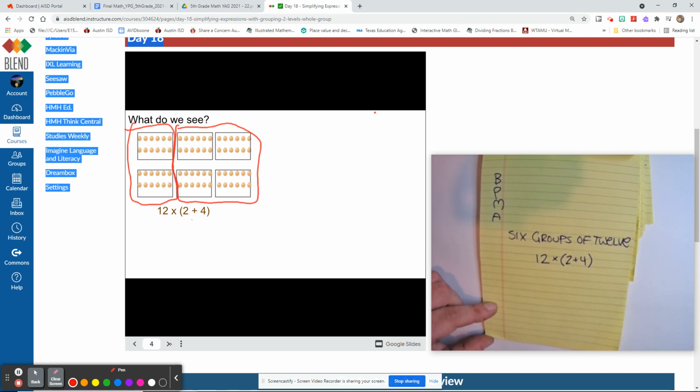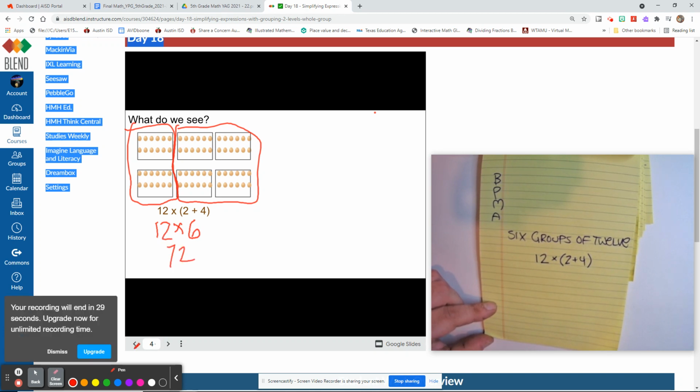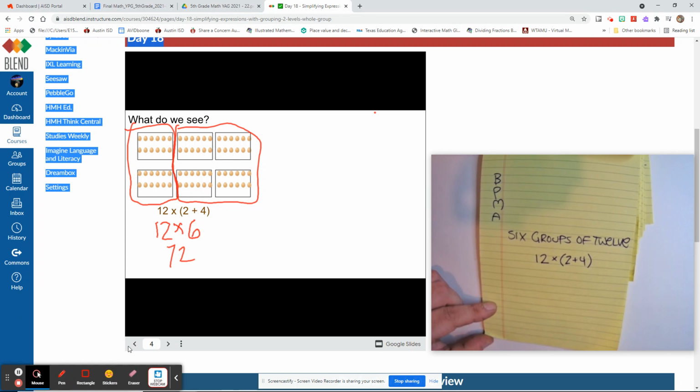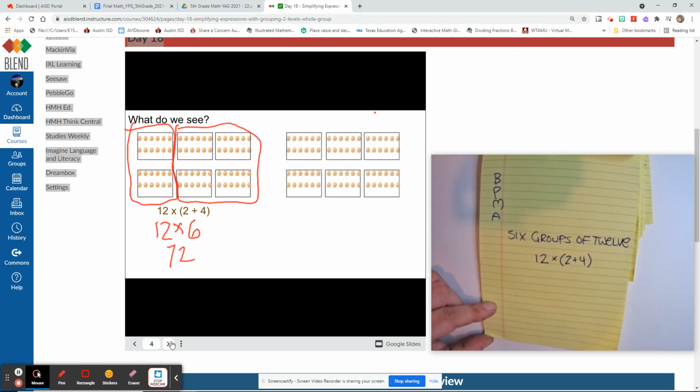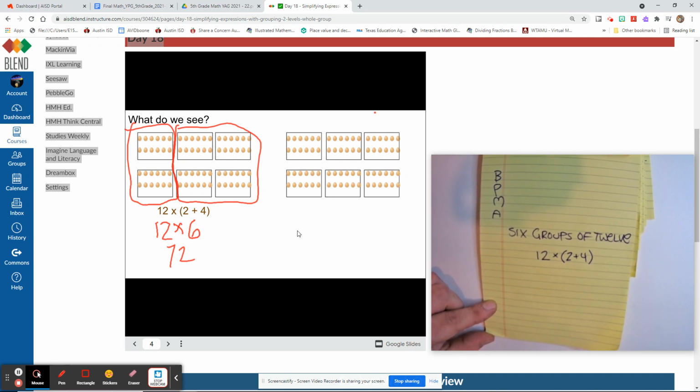And so whenever we calculated, we figured out that we could use this expression to find out that there were 6 groups, so 12 groups of 6, and that gave us 72. So it looks like they're adding a whole other 6 groups of 12. Could we do what we did on the last video and say 2 groups of 6 groups of 12?